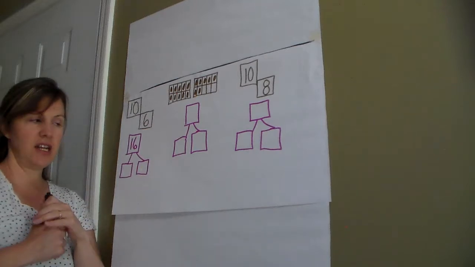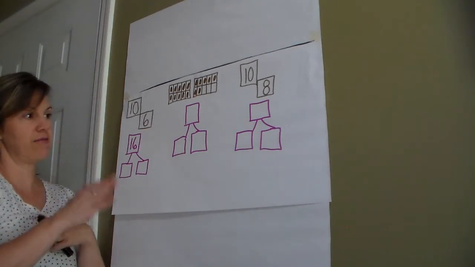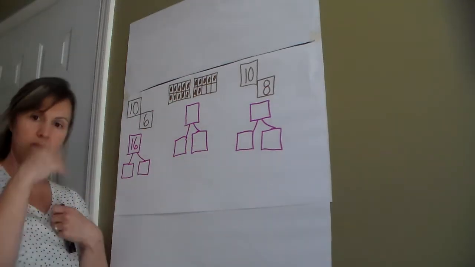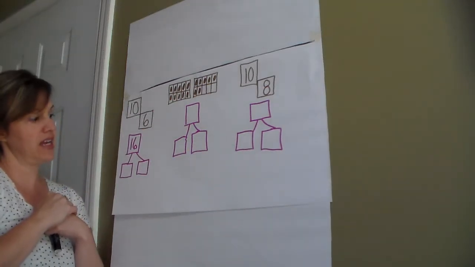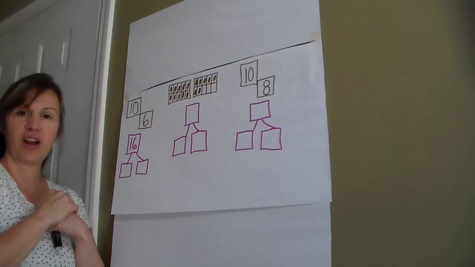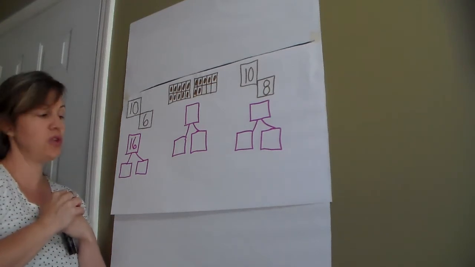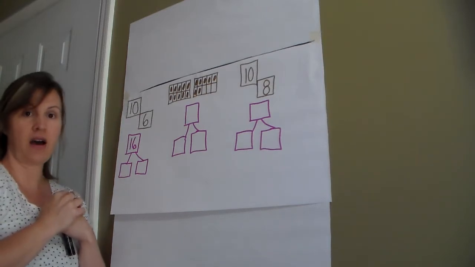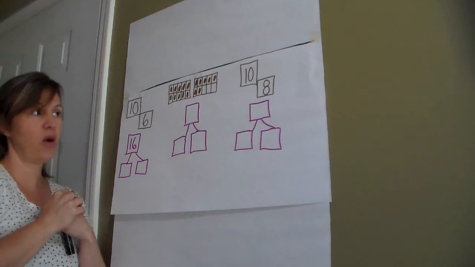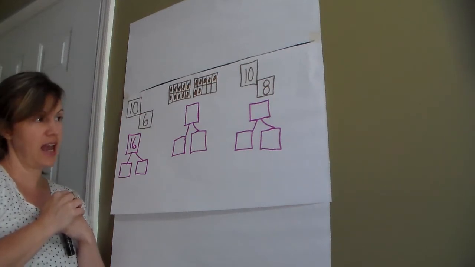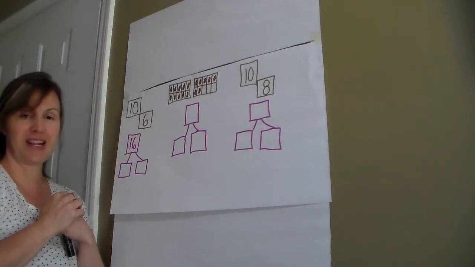So your extension is to go ahead and finish filling in those number bonds. Use the pattern and keep filling in the number bonds. For another extension, if you want to, you could practice counting. You can count by ones all the way to 100, or you could count by tens all the way to 100. Any of those would be a good extension.